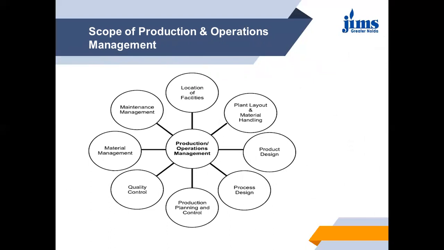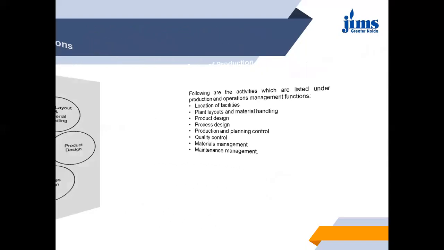Say, for example, we have location of facilities, we have plant and material handling, we have decisions related to product design, we have decisions related to process design, we have production planning and control, we have to control the quality in the factory, then we talk about material management, then we also talk about maintenance management. All of these activities form the scope of production and operations management.